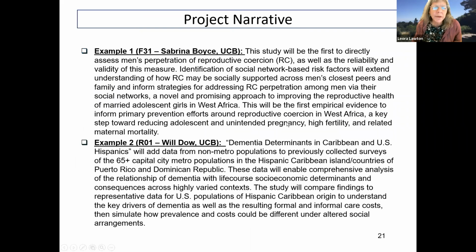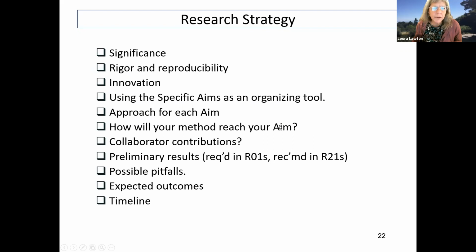And here's some examples I have that you can take a look at. I've talked about the research strategy a bit. One of the things that I didn't mention was potential pitfalls. Every research project, you have this vision of how you'd like it to go, but things don't always go that way. I don't think anyone could have anticipated COVID when they were starting off a research project in 2019, but there's other things that you could say.